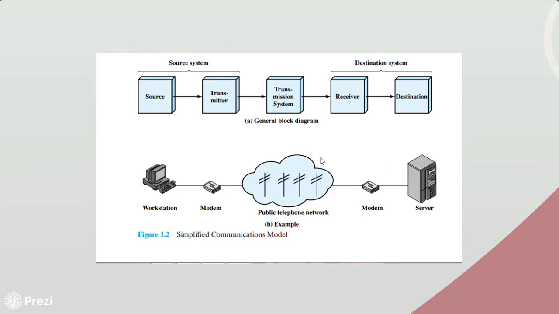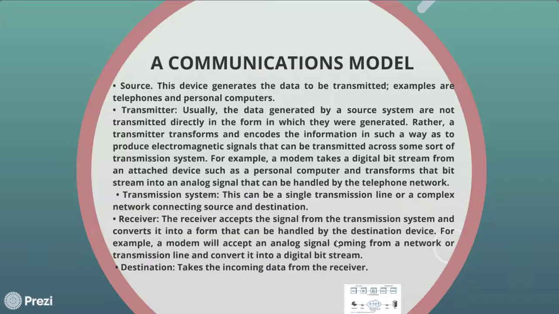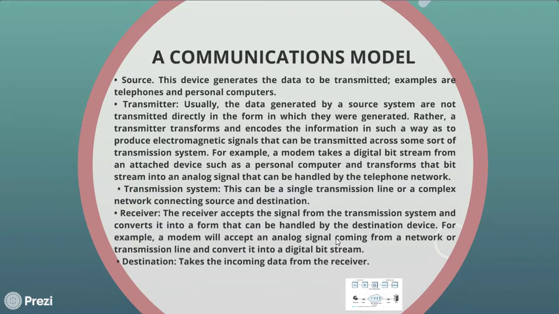As you can see in the diagram below, you have the workstation or computer, then the transmitter, which is the modem, then the telephone network, which is the transmission system, then the modem again, and then the server. Modem stands for modulator-demodulator. It converts digital signals to analog signals and vice versa. This is the full description of the communications model.